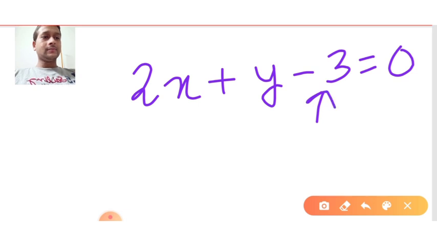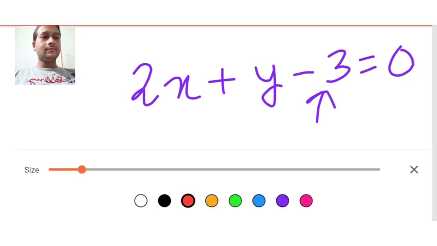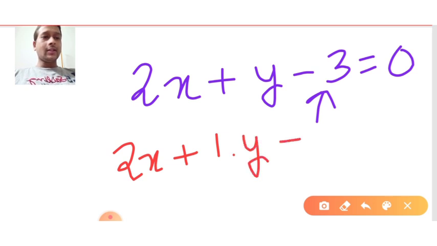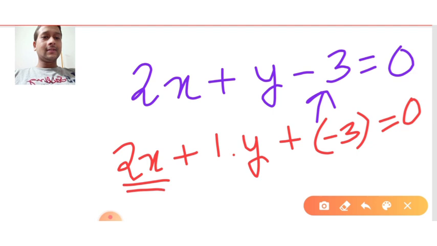How to express it in that form: 2x plus 1y, then plus minus 3 equal to 0. So it is in the form ax plus by plus c equal to 0. So it is a linear equation.